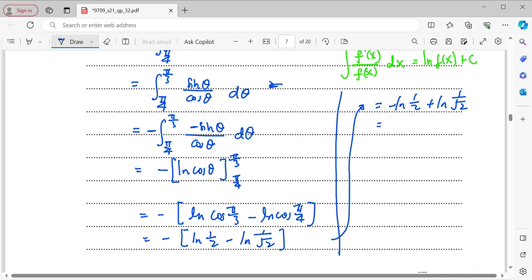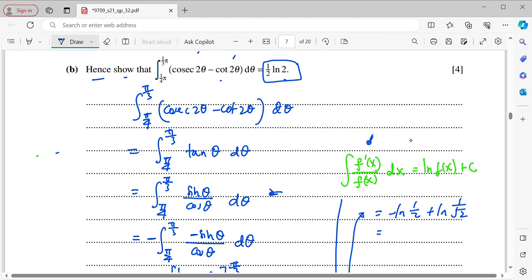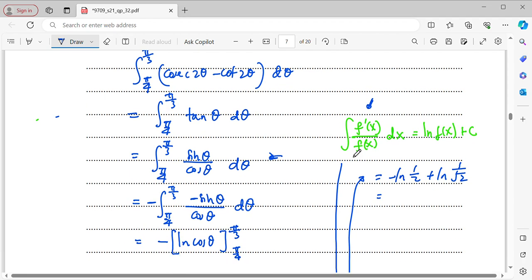And from here, because we need to get the ln 2, this ln half is basically ln 2 power negative 1 plus ln 2 power negative half, because square root is power half, right? And the 2 is at the bottom in the denominator, therefore it's negative degree.